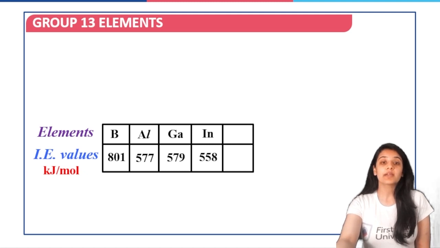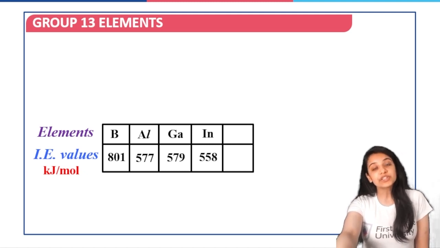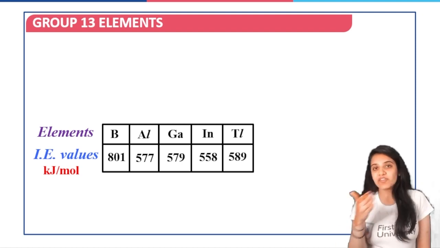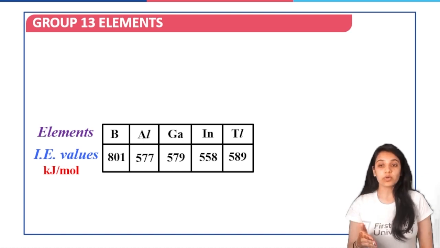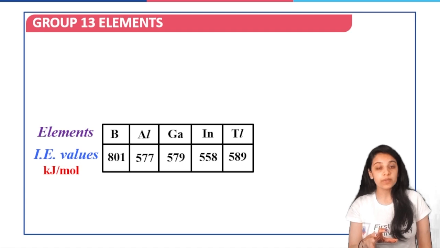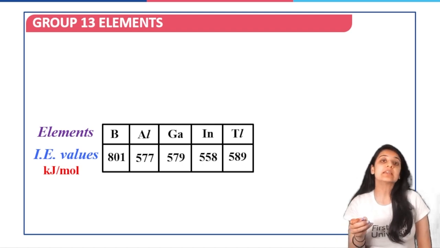Again, when we talk about indium, there is a certain amount of decrease, and then to thallium, it again increases. So if we see, there is no specific order that is being followed, but on a whole, superficially, we can conclude that from aluminium to thallium, the values are marginally increasing.